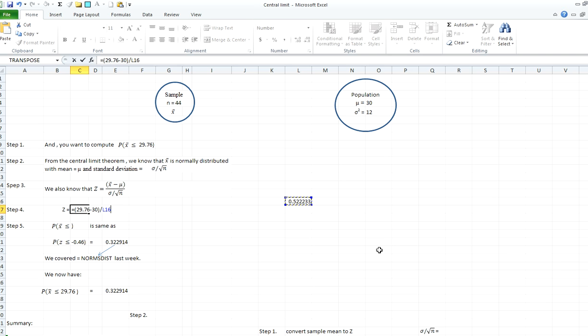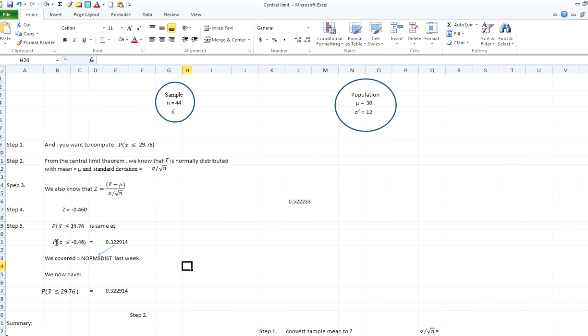I press enter, and this is your z value. So now I can say x bar less than 29.76 is the same as z less than negative 0.4596. That's what I calculated, right?